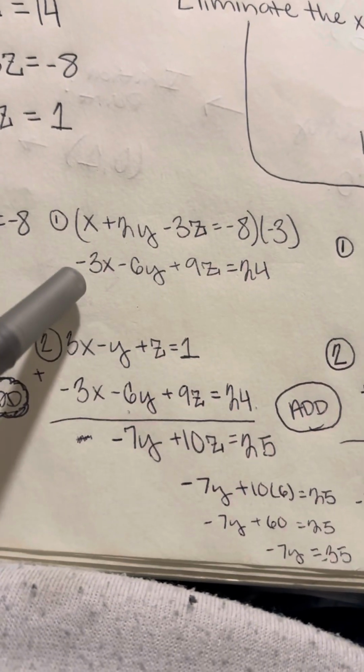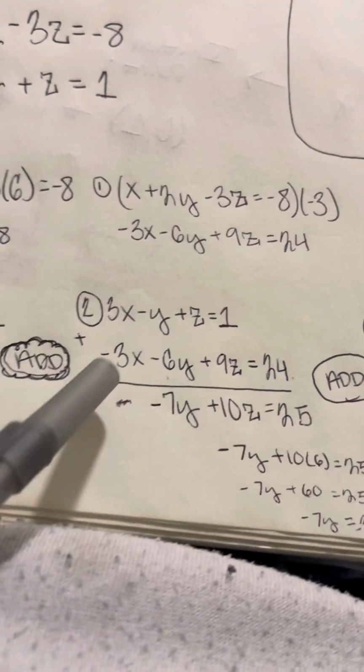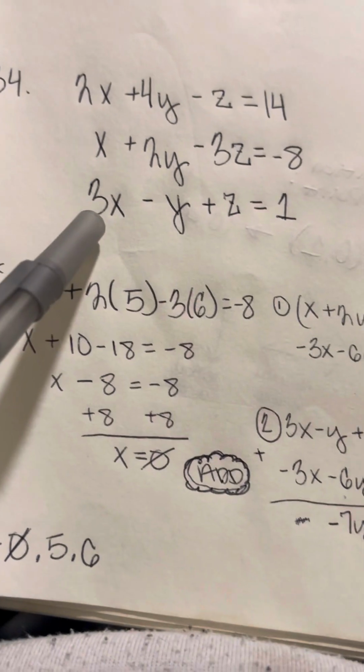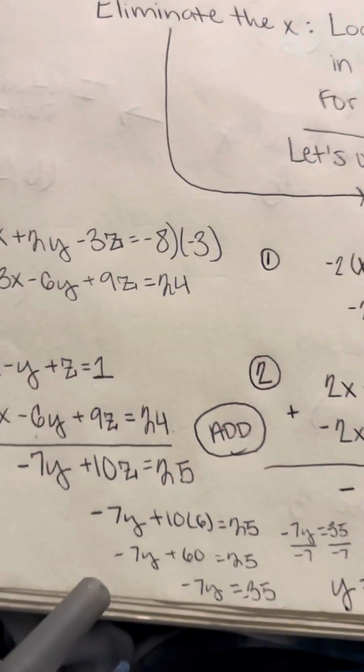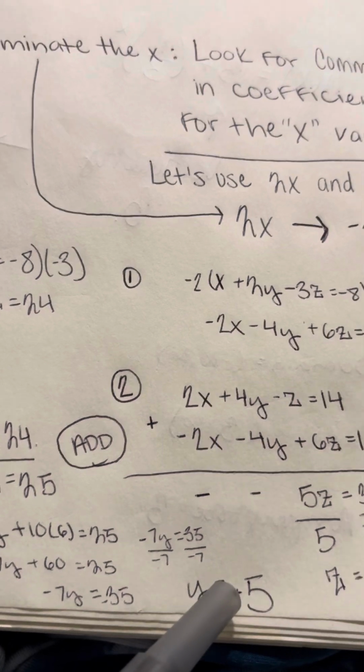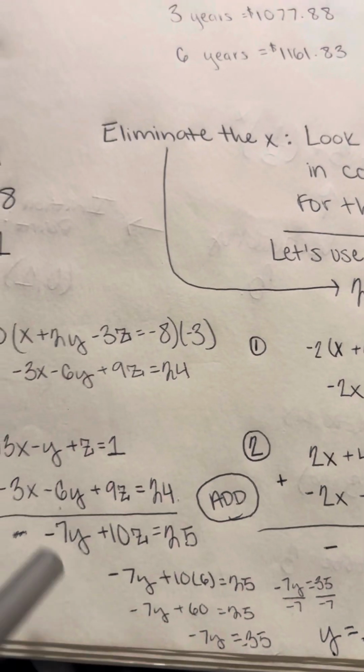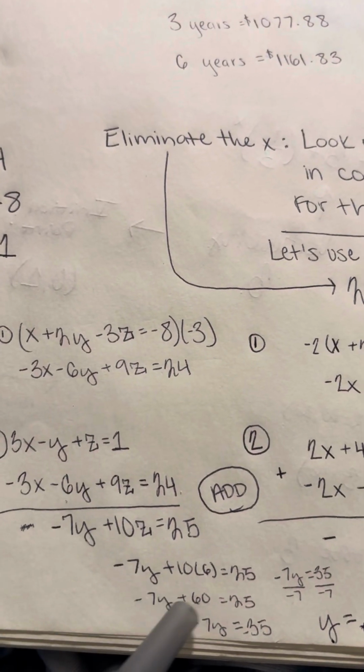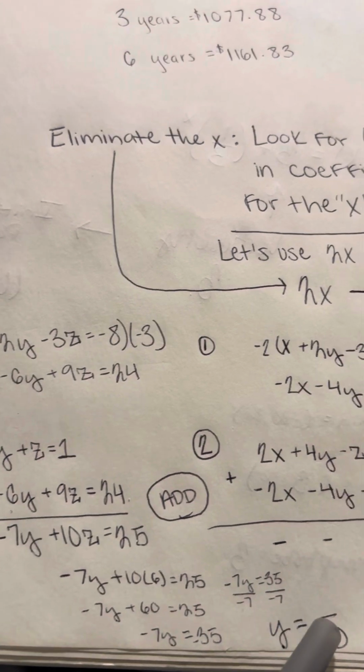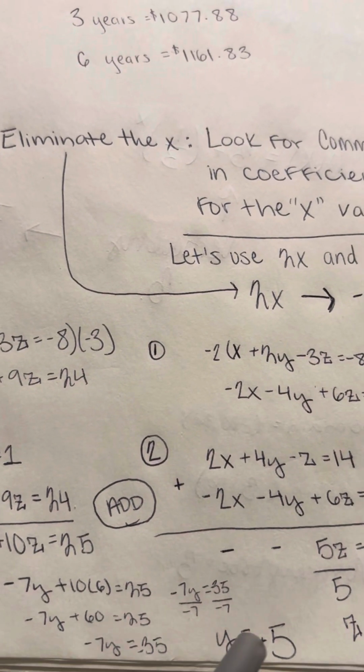So we just multiplied by negative 3. Now we're going to add it to our 3x equation so that it cancels out, and it ends up telling us that y equals 5, okay? If you need to pause it so that you can look at this work, this is the work of the equation, okay? And we end up getting y equals 5.